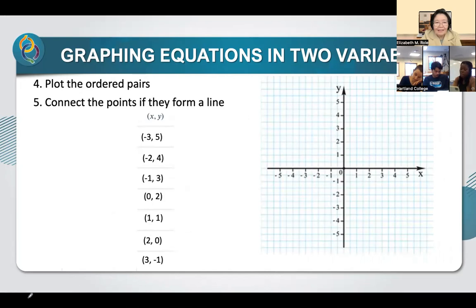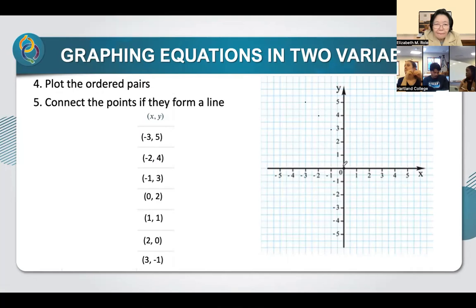So for -3, 5, I move up to 5, there. Then -2, 4. Then -1, 3.